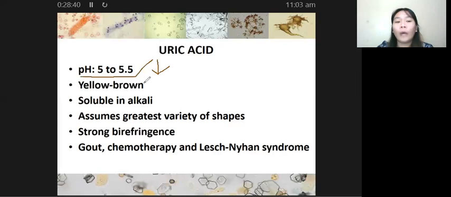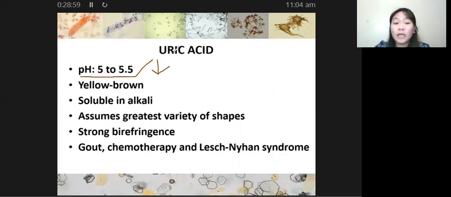Okay, but in one of the references that I read, nagbigay sila ng pH and that is 5 to 5.5. Okay, so lagi lang nating isipin na si uric acid ay kailangan ng mas mababang pH as compared to your amorphous urates.